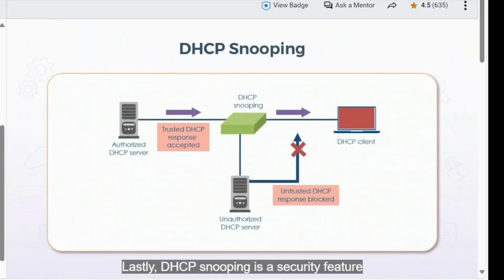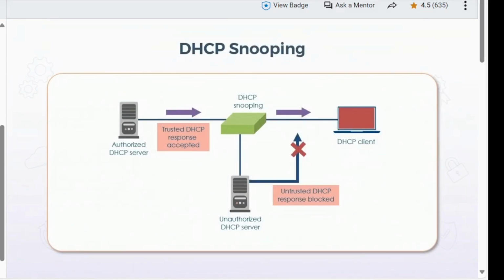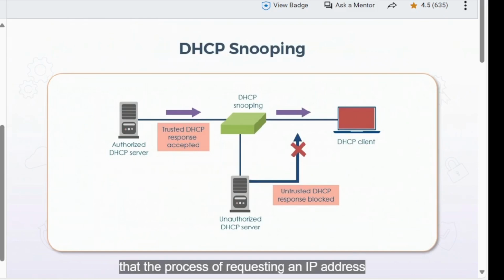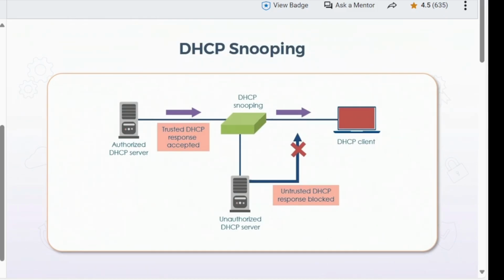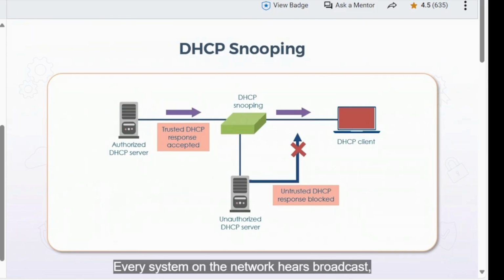Lastly, DHCP snooping is a security feature, and this comes back to the fact that the process of requesting an IP address is all done through broadcasts. Every system on the network hears broadcasts, so it opens up the possibility for an intruder to introduce an unauthorized DHCP server. In other words, let's just say I'm visiting your environment and I'm in a meeting room.